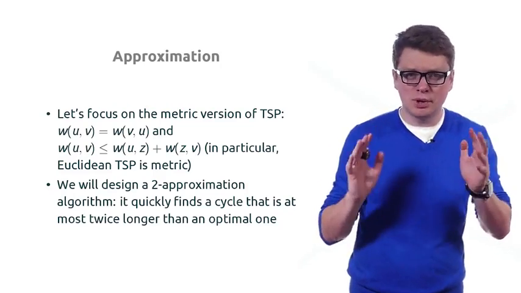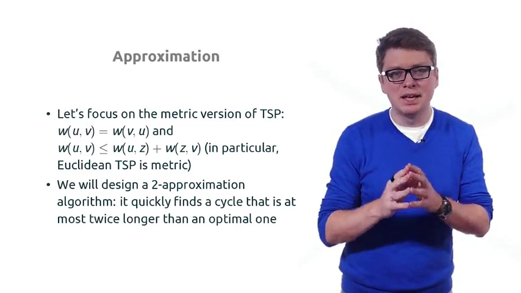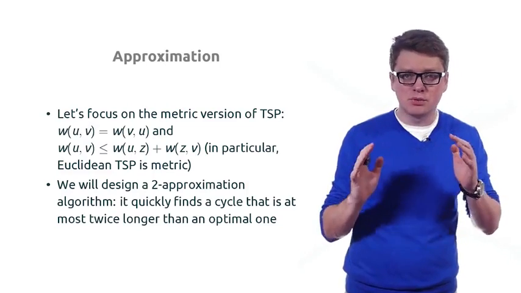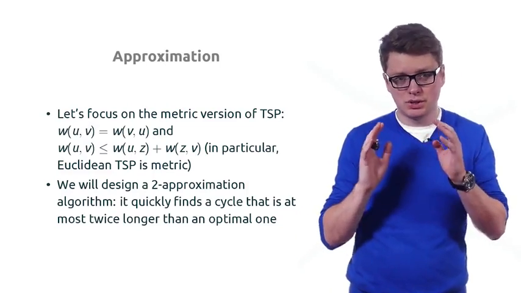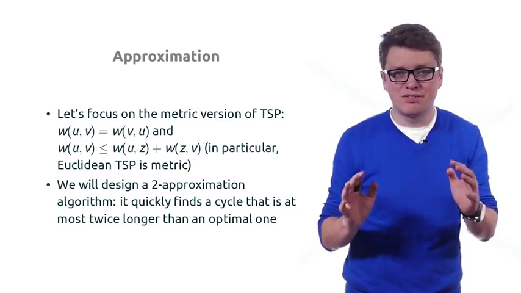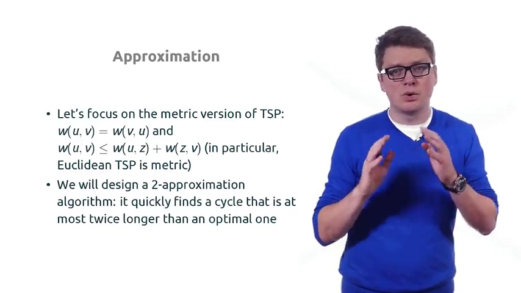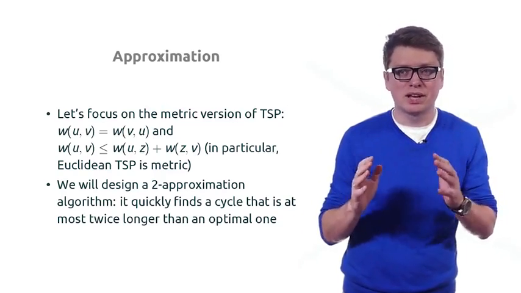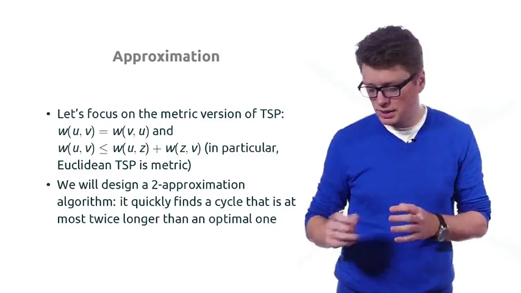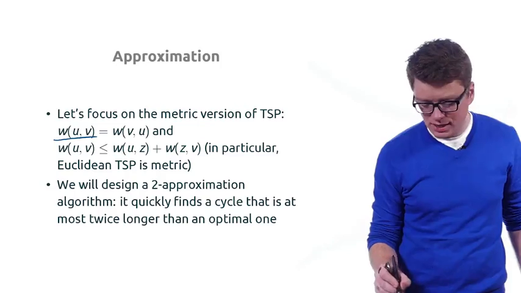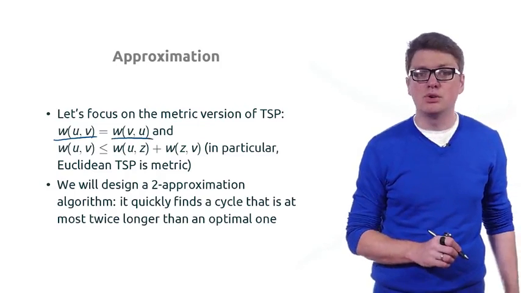Okay, so first of all, it is important to mention that our algorithm only guarantees to find a solution which is at most twice as long for the metric version of the traveling salesman problem. So in this case, first of all, the graph is undirected, or the graph is symmetric, meaning that for any two vertices, for any two nodes, we have that the weight of the edge uv is equal to the weight of the edge vu.